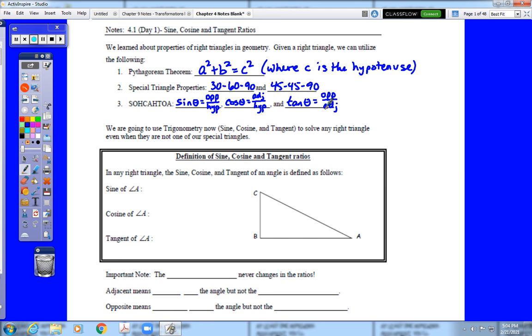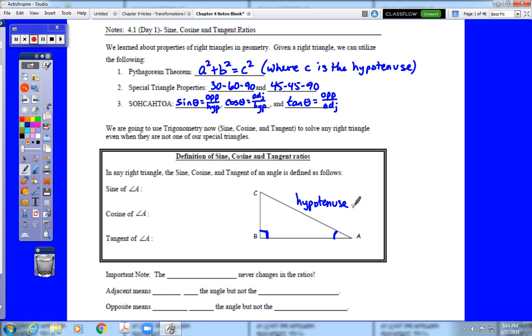So we're going to be focused in this lesson on that third one, SOHCAHTOA, and we are going to be reviewing that information. So, in any right triangle, the sine, cosine, and tangent of an angle is defined as, and we're going to use angle A in this case here, so this is angle A. When we look at this triangle, angle B is a right angle, which means that side AC is the hypotenuse. It is the longest side of the right triangle, so it is the hypotenuse.